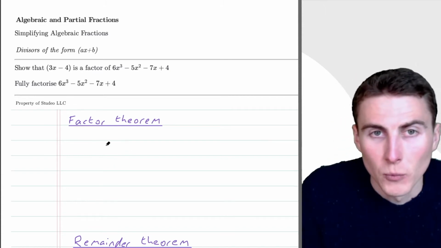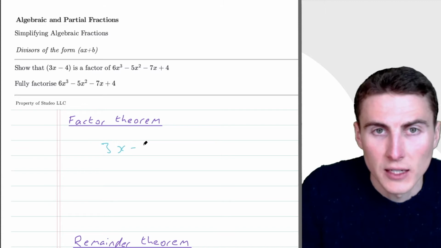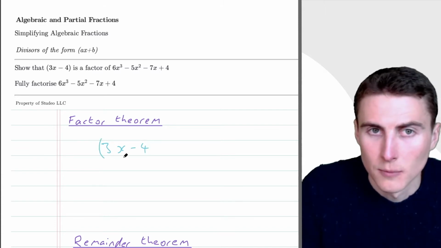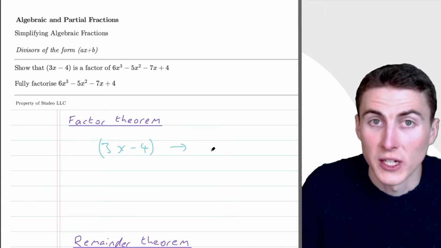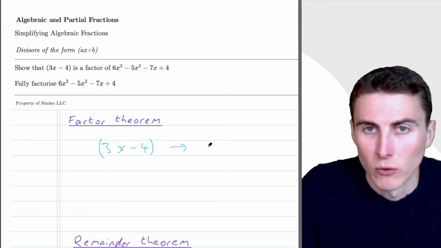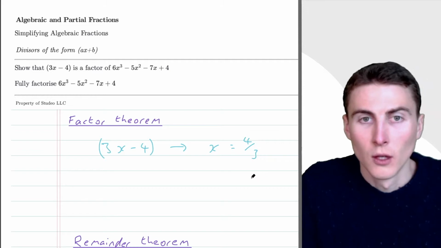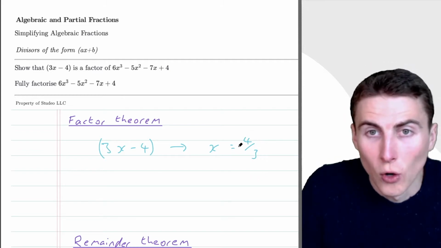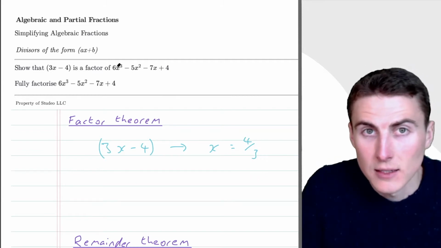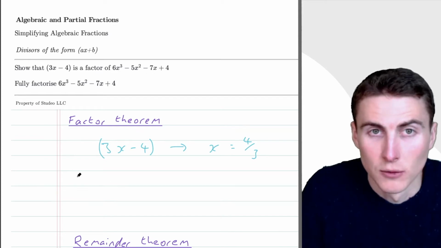To prove it, we've first got to think: if 3x minus 4 is a factor, then what would the solution be? That would be 4 over 3. So what we need to do is plug 4 over 3 into this and see if it gives us 0.